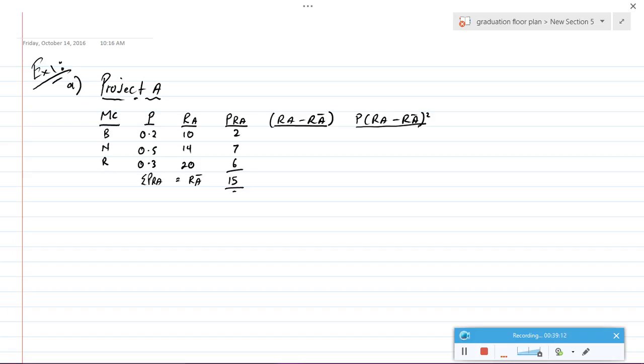We already calculated that, so that comes here, 15%. Next, standard deviation: the square root of the total of P times (RA minus RA mean) power of 2. That's the formula.